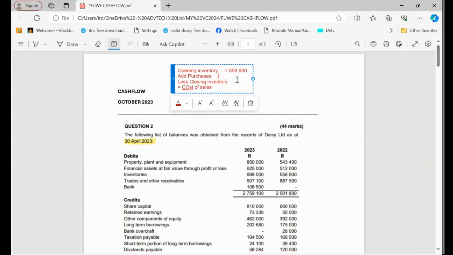Then purchases is what I don't know, so I'll put a question mark on it. Closing stock I know, which is 668,500, and we said minus, I'll put it in brackets. And cost of sales, we know it.